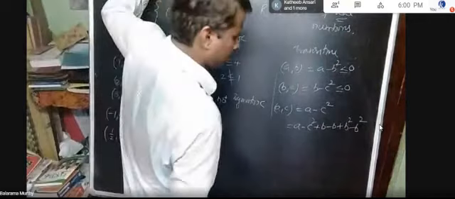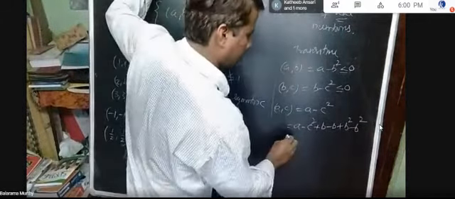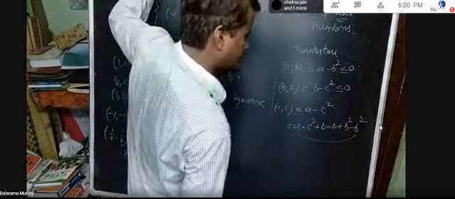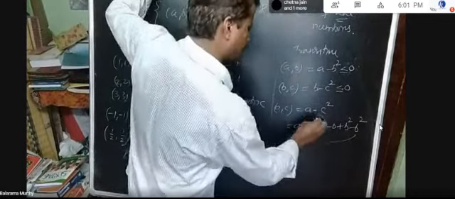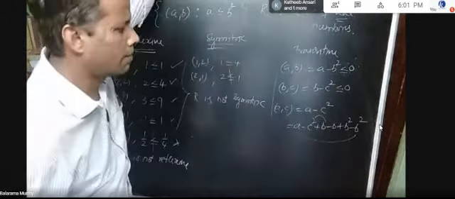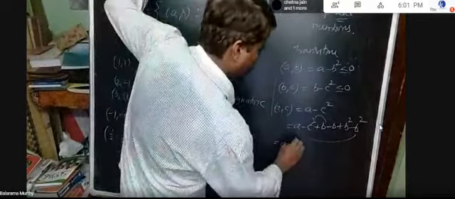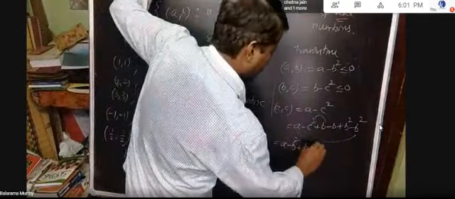Now what I am going to do here with A minus B square, and what is another one? B minus C square. A minus C square and B minus C square. So we write it as A minus B square plus B minus C square.